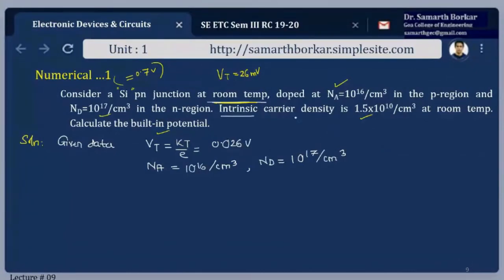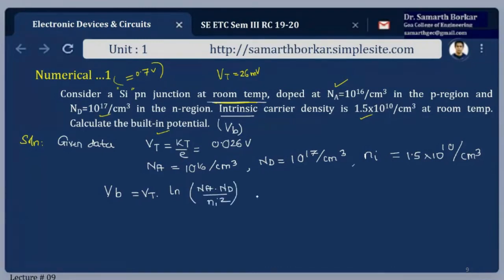Intrinsic, so Ni equals 1.5 into 10 to the power 10 per centimeter cube. What is asked is to calculate the built-in potential, that is VB. So let me write the expression: VB equals Vt natural log of Na Nd by Ni square. This is the formula.